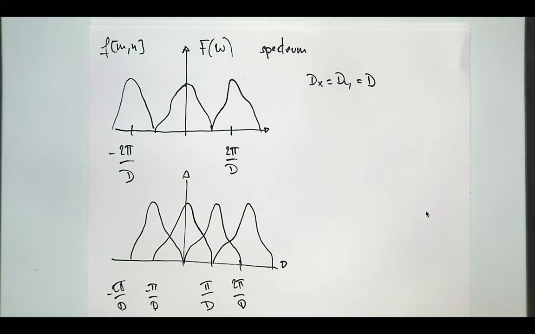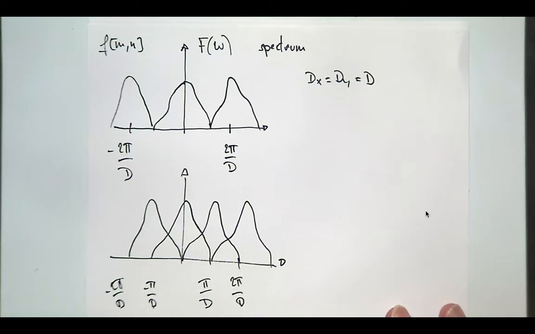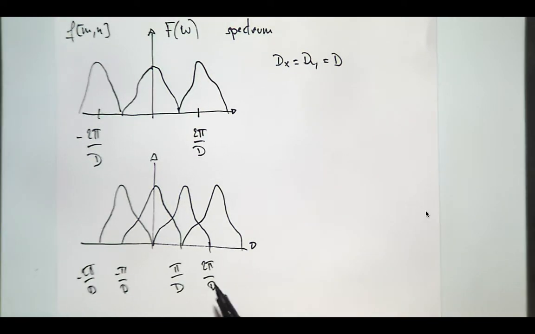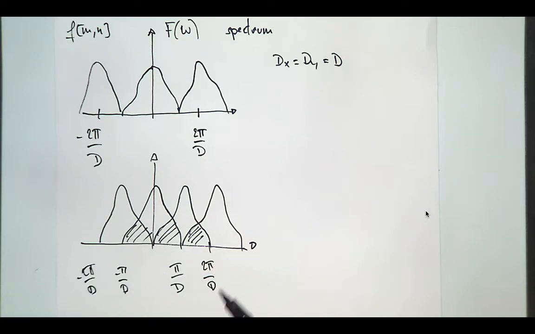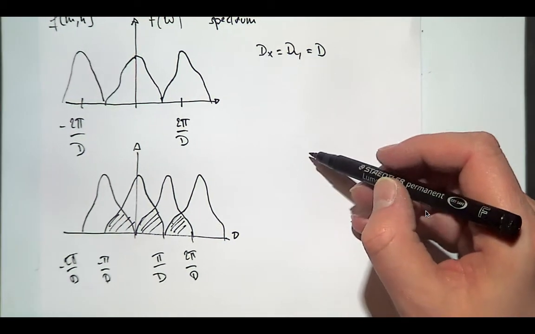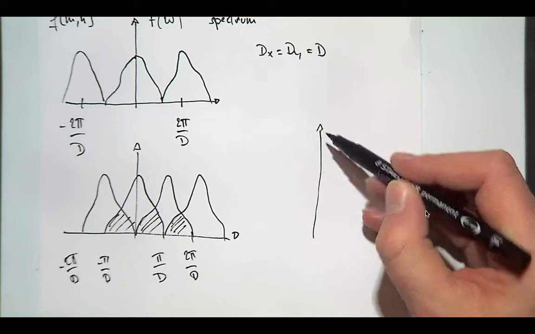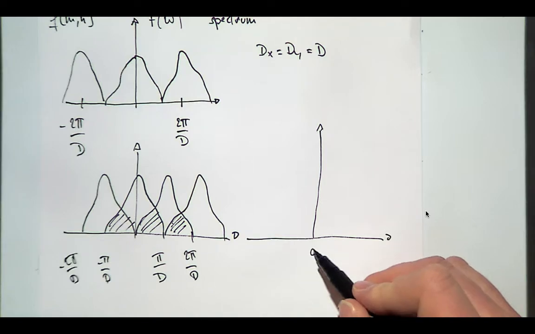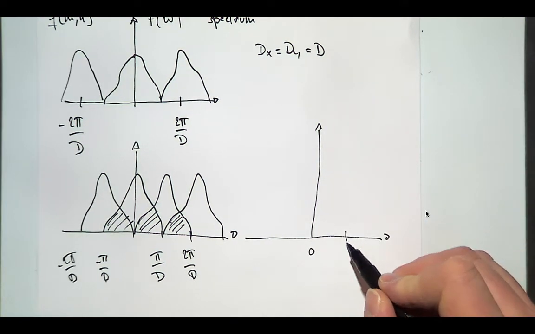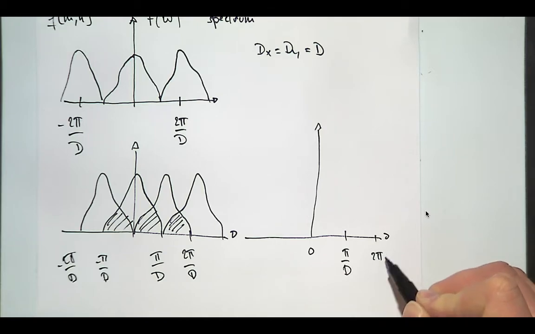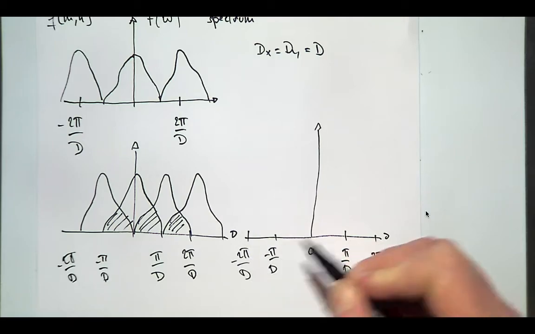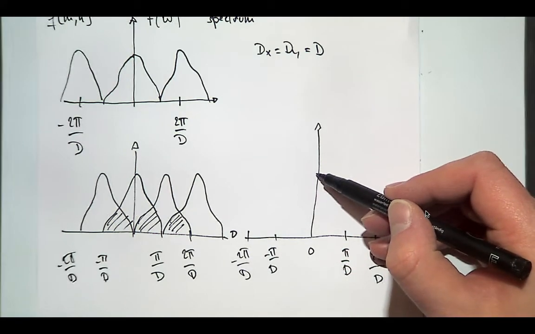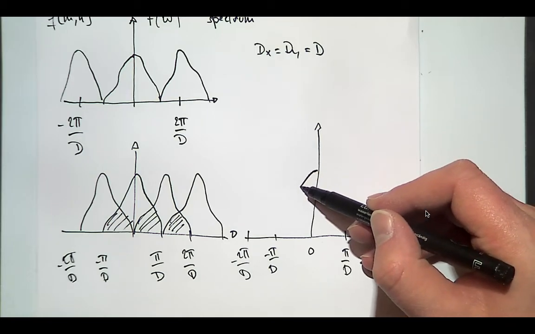This is the summation of these two signals, and the part here where you have aliasing will add up. So really what you get looks something like this, with pi over d, 2 pi over d, minus pi over d, and minus 2 pi over d.